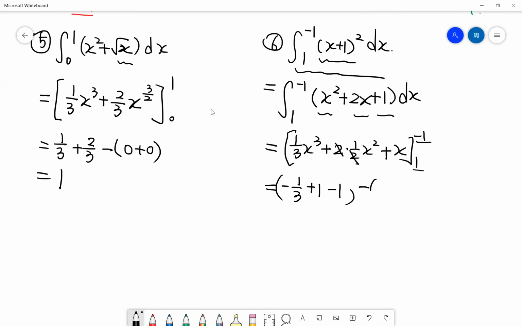And then minus, we substitute 1 into this function, which means 1/3 plus 1 plus 1. So the plus 1 minus 1 can be cancelled. So that should be -1/3 minus 1/3 minus 2. So that means -8/3 here. So here is the solution for the second one.